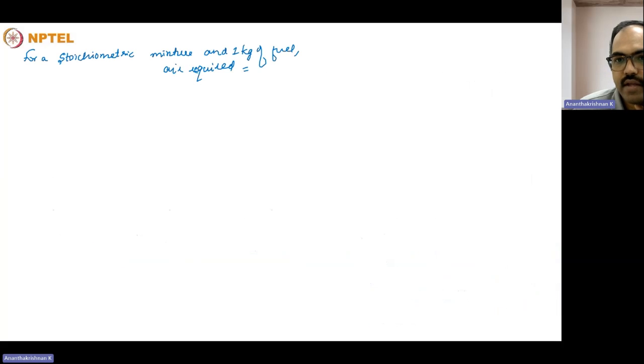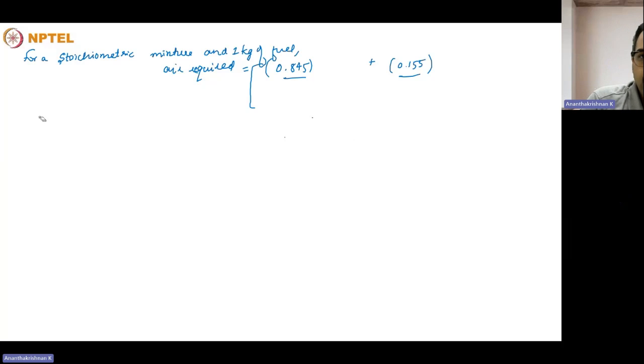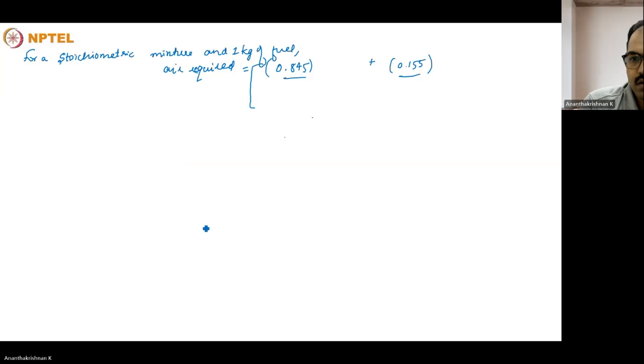So how will we define that? For 1 kg of the fuel, there will be 84.5% of carbon, so 0.845. If we consider the standard nomenclature, C_xH_y corresponds to the hydrocarbon.